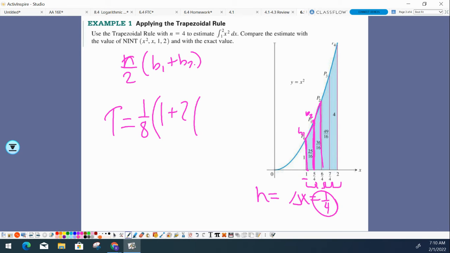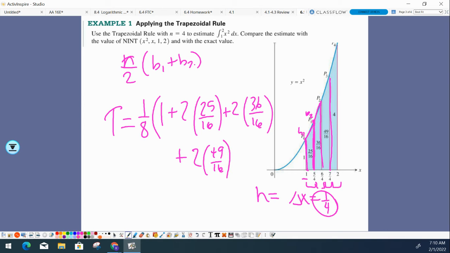So I always have 2 of the insides, 25/16, plus 2, plug in 6/4, 36/16, plus, double up because this one's still in the middle, 49/16, plus, and when you get to the end, we only use this one once, 4, plug in 2 to get 2 squared is 4.